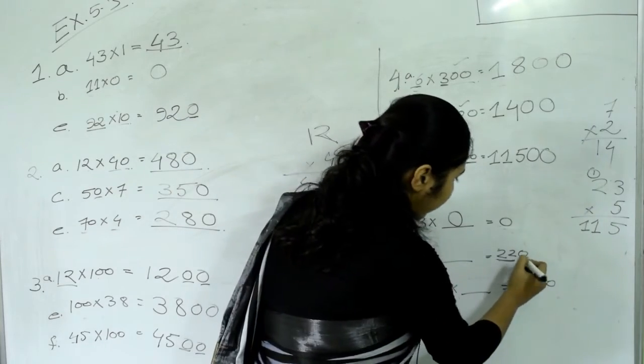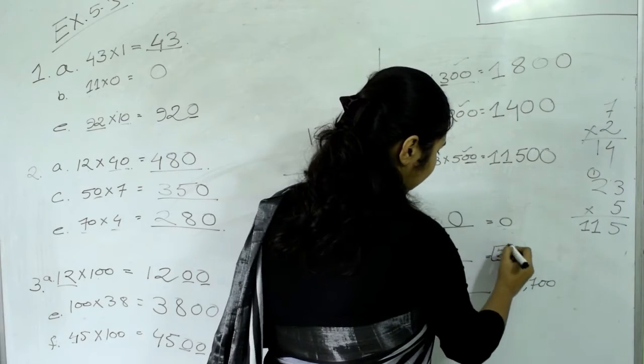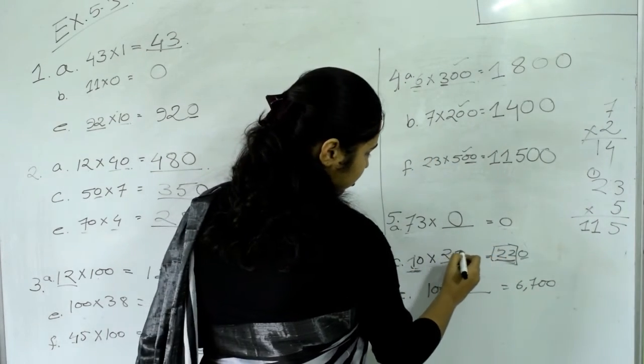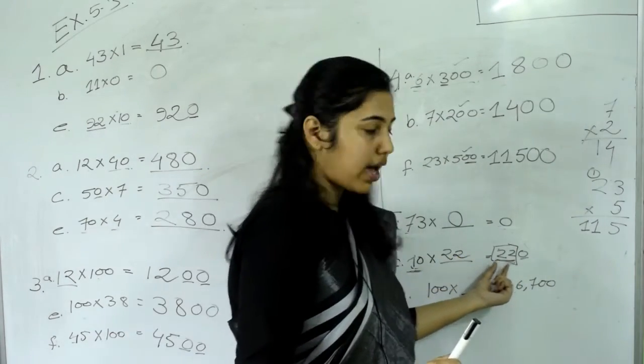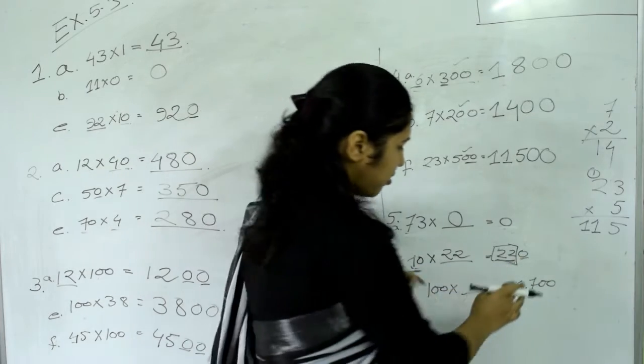That's why 1 0 in ones place, which means we have to multiply 10 with 22. Then only we will get first 22 and then 1 0 in ones place. Okay?